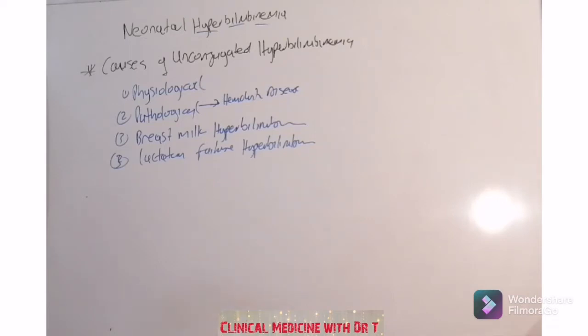It's not a very difficult concept to understand, but I prefer to put lactation failure for breastfeeding jaundice. Because remember, there's breast milk jaundice, then there's breastfeeding jaundice, right? So when we have an unconjugated hyperbilirubinemia, these are our differentials. But if we had conjugated hyperbilirubinemia, then our differentials will be different from this.